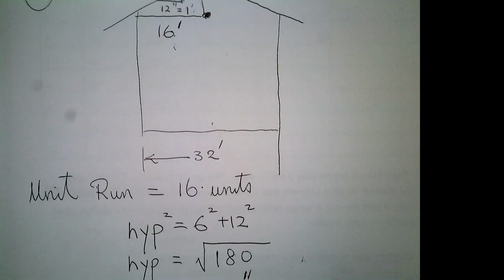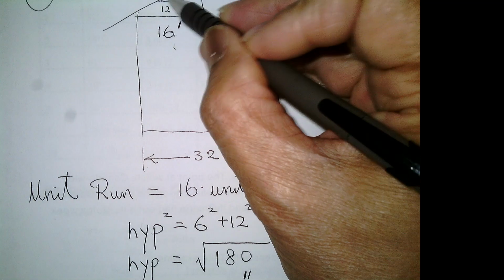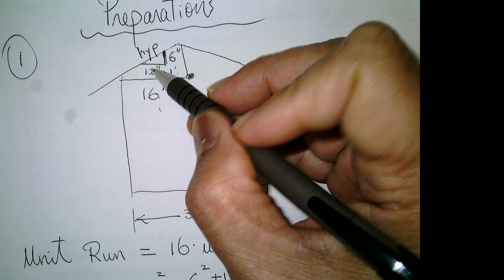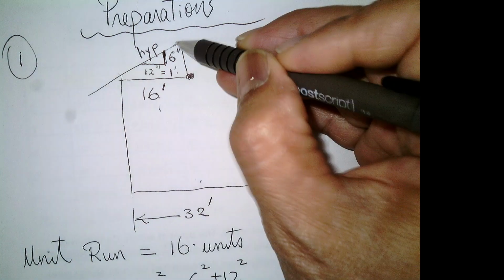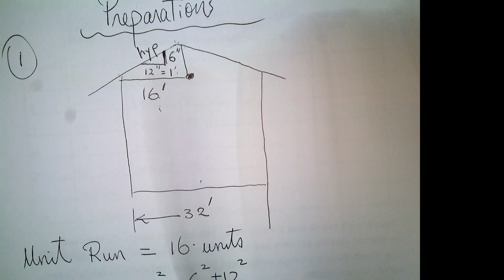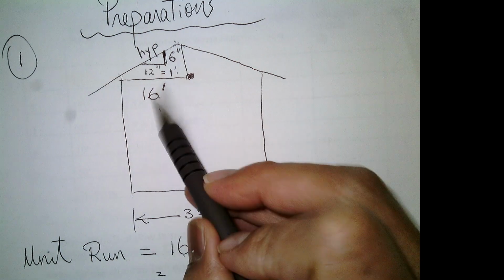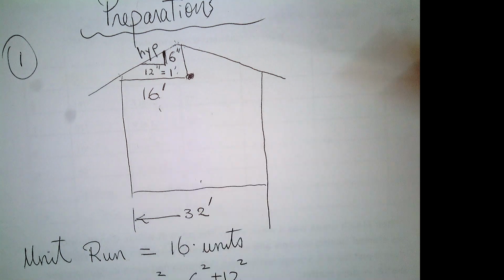So the hypotenuse is the square root of 180, 13.4, which means all sides are going to be increased by 16 times, in the same proportion.